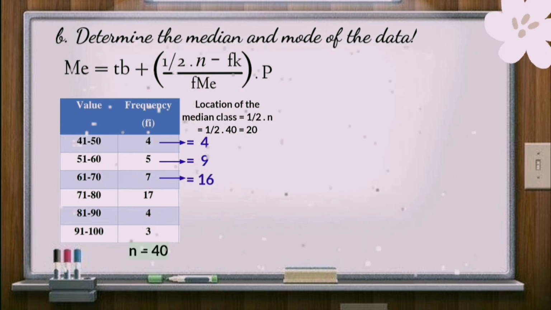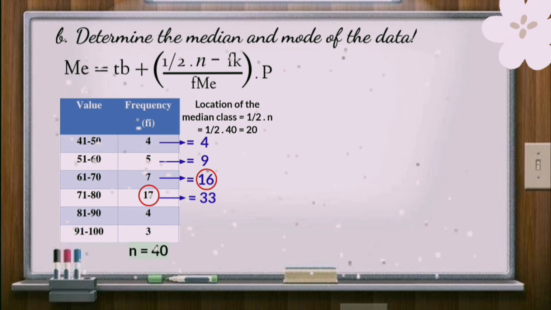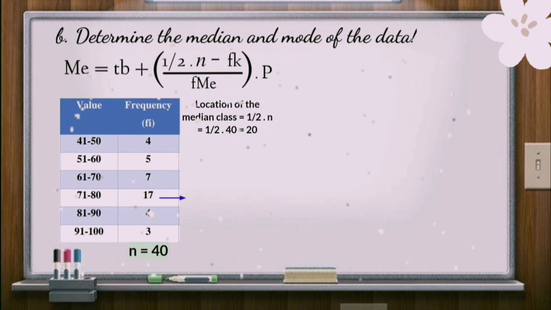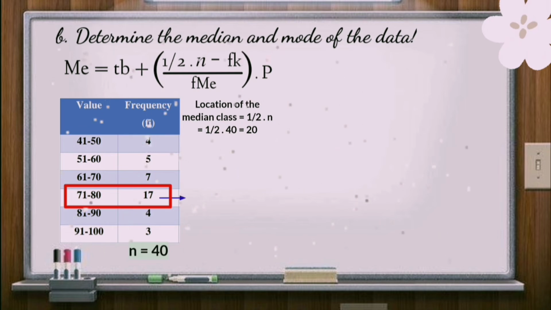It means the tenth data to 16th data are in the third class. 16 plus 17 equals 33. It means the 17th data to 33rd data are in the fourth class, while this is the 20th data. Then the location of the median class is in the fourth class. This is the median class.